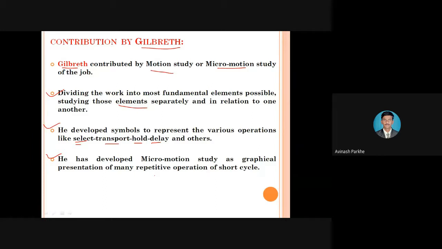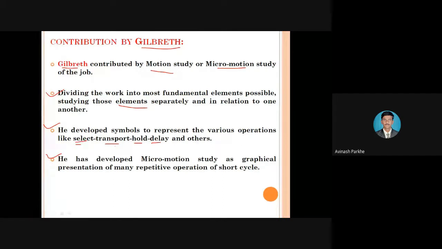That means he focused on the motion study or the micro motion study. As per his consideration, he divided the work into a number of elements, and we have to carry out analysis of each and every element, or each and every operation, and after that we have to prove the relation between them. Then he developed some standard symbols for standard operations, for whatever movements take place to convert the raw material into the final finished products.